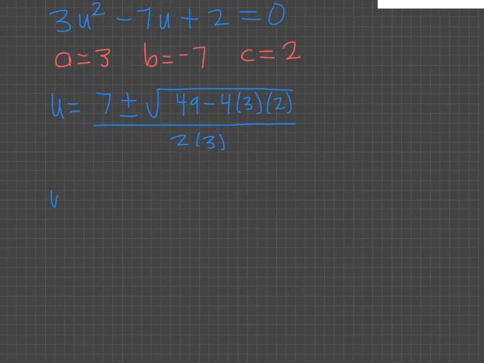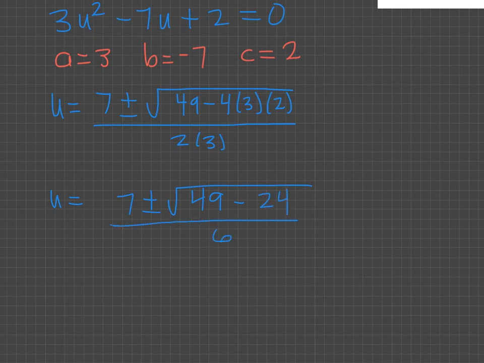So we got u equals 7 plus or minus the square root of 49 minus 4 times 3 is 12 times 2 is 24, all over 2 times 3, which is 6.